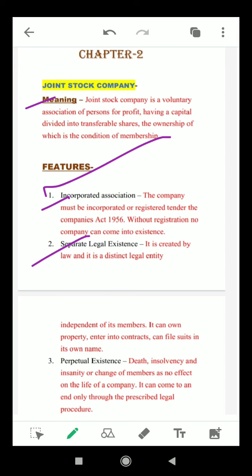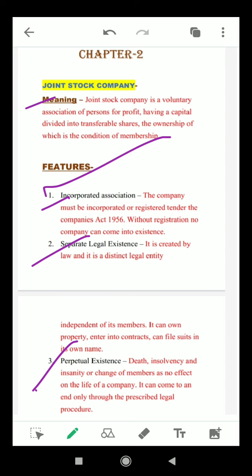Then the third one is perpetual existence. Death, insolvency and insanity or change of members has no effect on the life of the company. It comes to an end only through the prescribed legal procedure. That means the company has a permanent existence, and the shareholders may come or may go, but the company will go on forever.